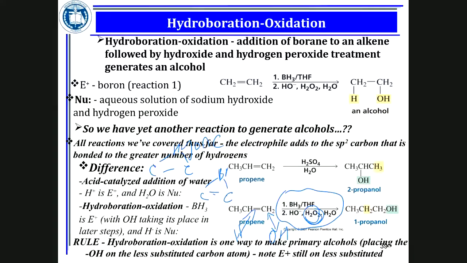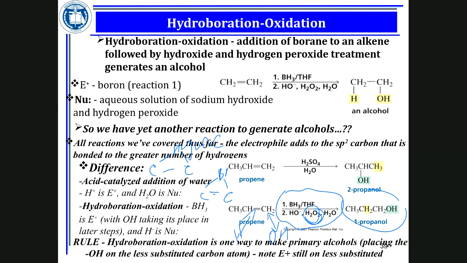The net result is addition of water. So you're starting with alkene, you end up with alcohol. The addition is a syn addition from the same side, and addition is anti-Markovnikov. So anytime you want to make a primary alcohol, you have to think of hydroboration oxidation. So formation of primary alcohol is not possible via oxymercuration demercuration or direct hydration.